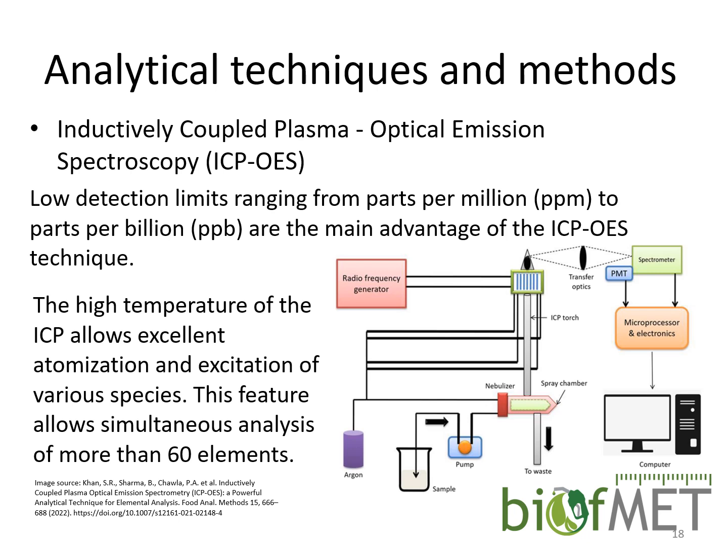This is just the schematic representation of the method. You can see it's very similar to the previous one. It's only that the source of the energy is different. So you have a torch here for plasma, and you are actually recording the emission instead of absorption.